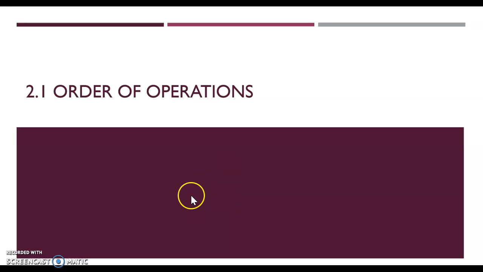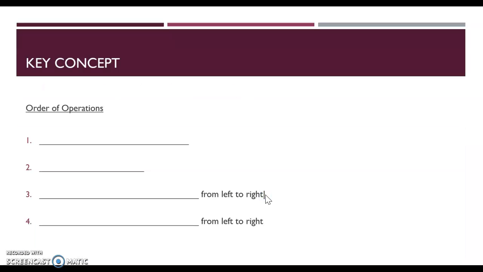So what is the order of operations? Well, this is our order in which we're doing things, and it starts with, normally we say parentheses because that's most of the time what we see. But really what the parentheses represent is just a grouping symbol. So we're going to start with anything that's grouping operations.